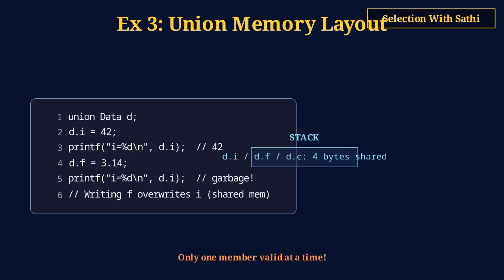Because int 65 and char A share the same bytes, and the ASCII value of A is 65. The union stored the bytes for 65, and when interpreted as a char, those bytes represent A. This is a classic GATE question on memory representation.